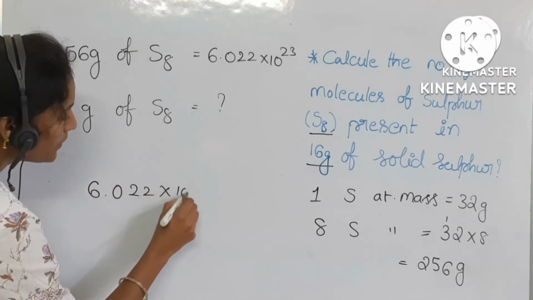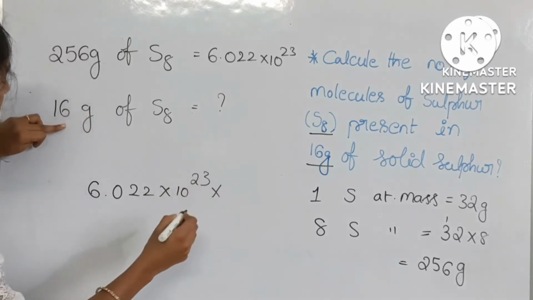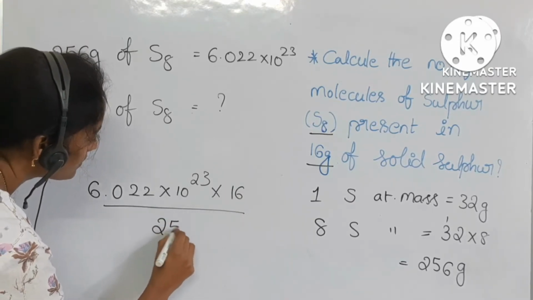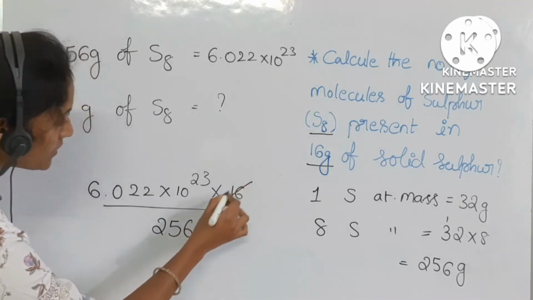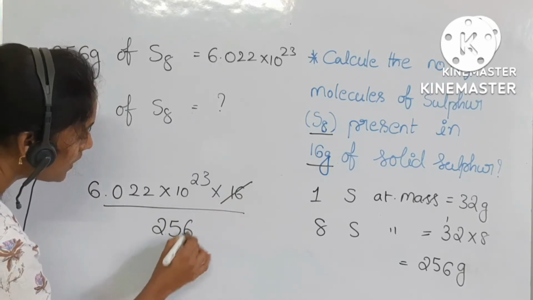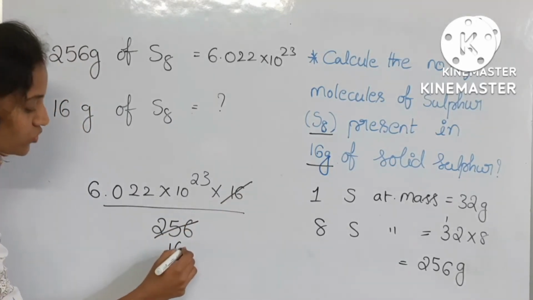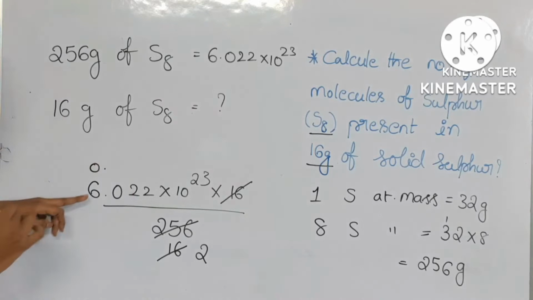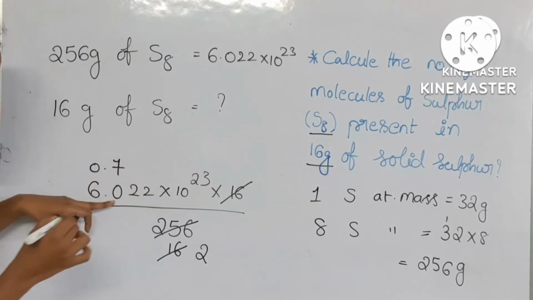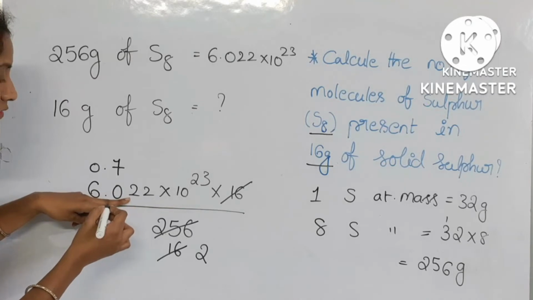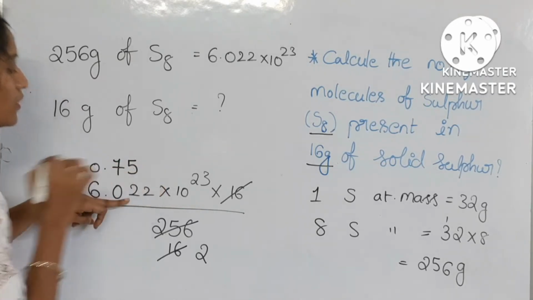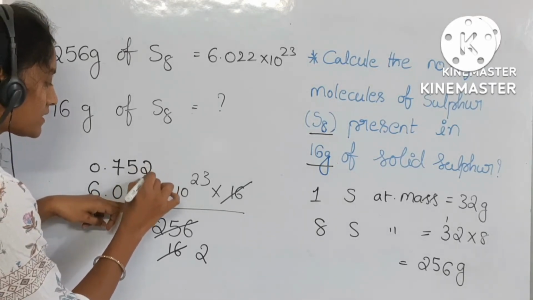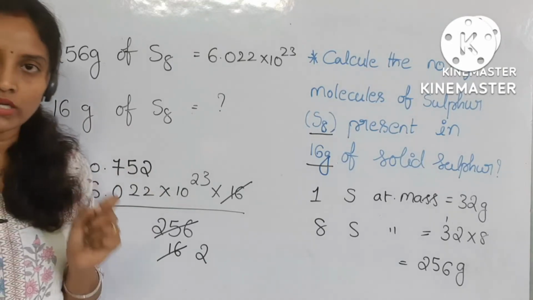6.022 into 10 power 23 into this 16 comes to here, divided by 256. You can choose the 16 table: 16 ones are 16, 16 sixteens are 256. Then you can choose the 8 table. 8 twos are 16. Then you can put a point. 8 sevens are 56, 4 is the remainder, then that will become 42. 8 fives are 40, then 2 is the remainder, 22. 8 twos are 16, then 4 is the remainder.